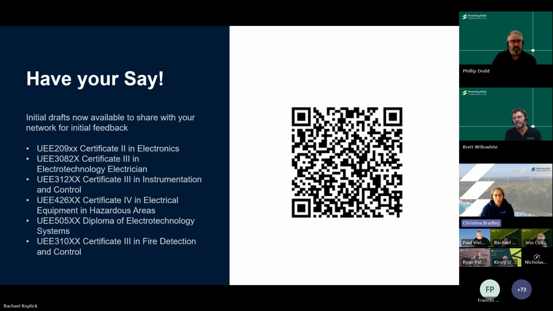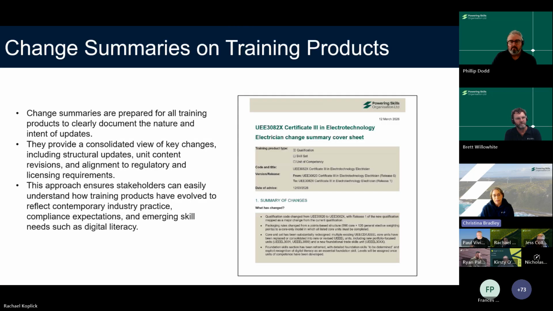One of the things that we do want you to just be mindful of, though, if we go to the next slide, Rach, is that when you are looking at those products, we've been very purposeful in providing a change summary cover sheet for you. We really would like you to make sure that you've read the change summary.